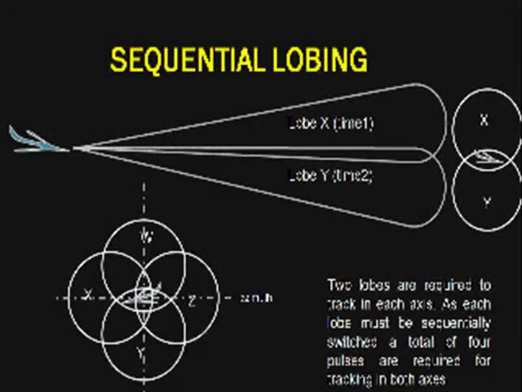So in sequential lobing, the lobes are placed next to the target in a sequential manner. If you are going with only two lobes, you will get the information of one angle. If you can place two more beams in the orthogonal plane, then we can get angle information in the orthogonal plane.